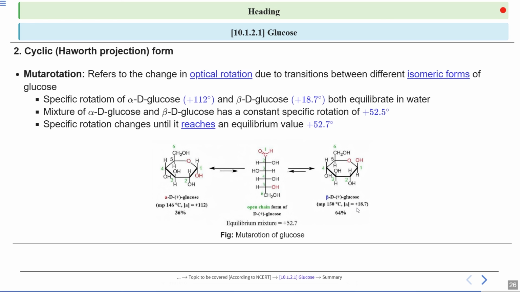The specific rotation changes until we reach an equilibrium value, which is plus 52.7. So this was about mutarotation. The alpha and beta forms shift back and forth, leading to the observed change in optical rotation.